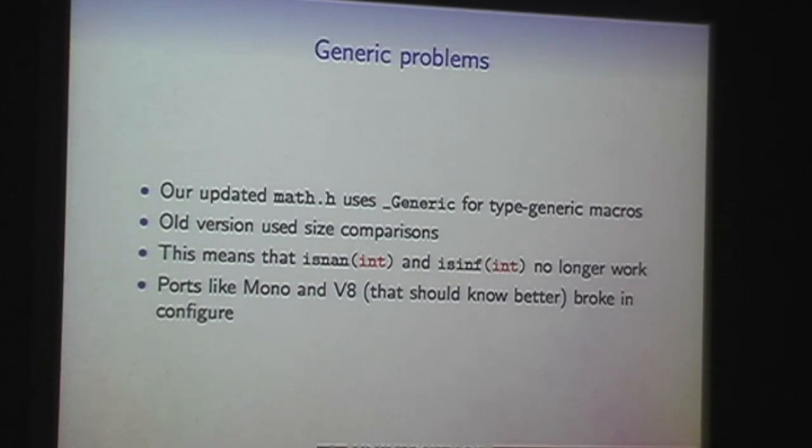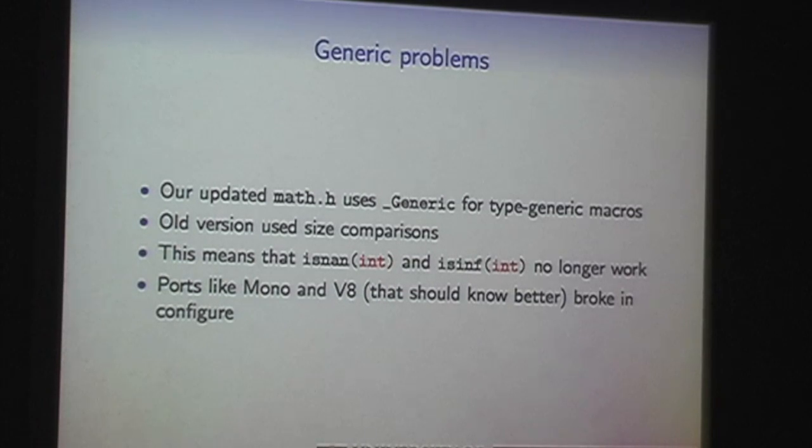The initial versions that we had of isnan and isinf were implemented by saying if the size of the value is equal to the size of float, call the float version. If it's equal to the size of double, call the double version. If it's equal to the size of long double, call the long double version. And that was sort of okay, except it turns out sizeof(float) is equal to sizeof(int) on most platforms, and sizeof(double) is equal to sizeof(long) on most platforms.